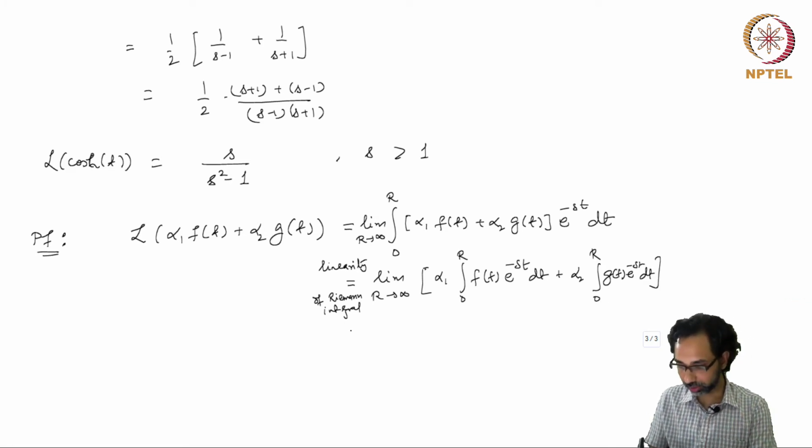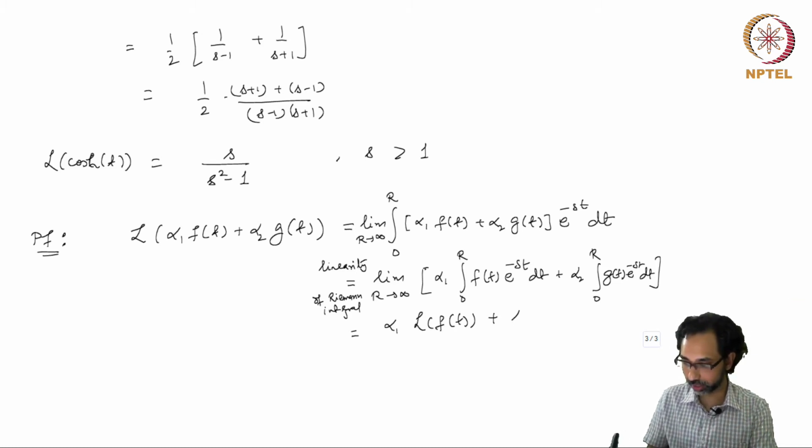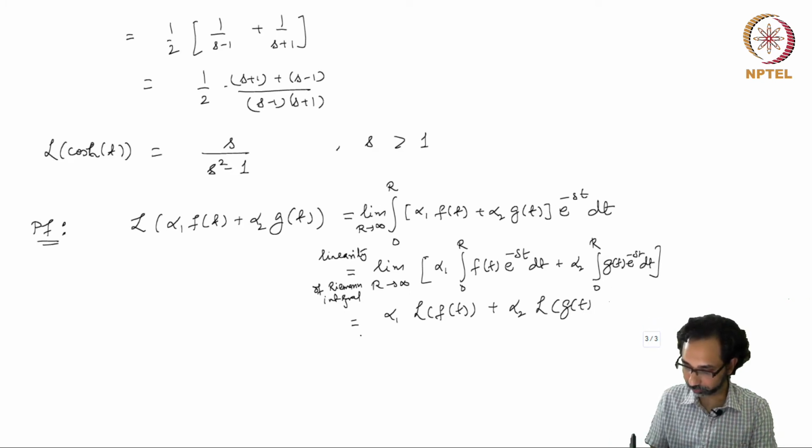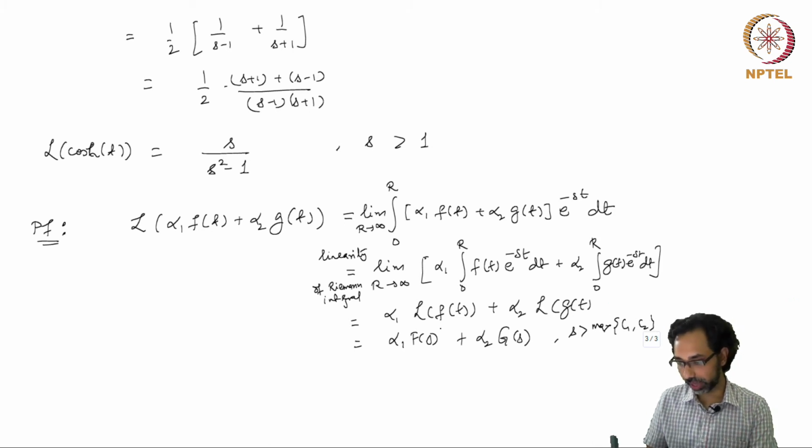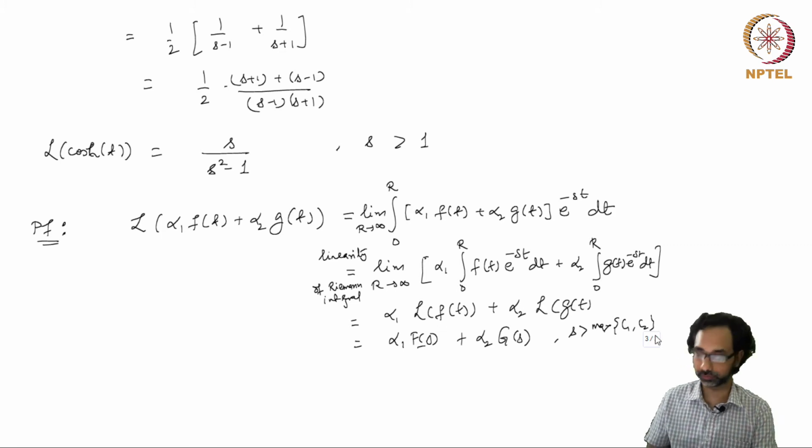And now you can take the limit inside and you get easily alpha 1 Laplace transform of f(t) plus alpha 2 Laplace transform of g(t), which is given by alpha 1 F(s) plus alpha 2 G(s), and this is for s greater than the maximum of c1 and c2, where we assume that capital F(s) is defined for s greater than c1 and capital G(s) is defined for s greater than c2.